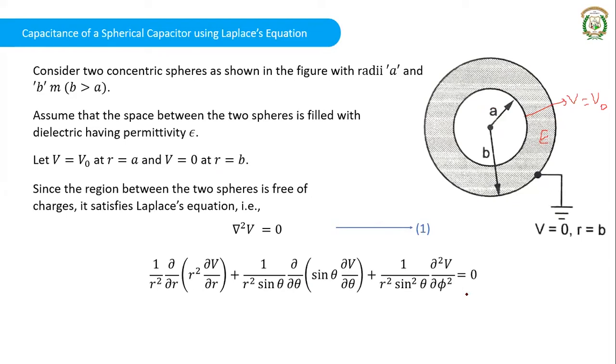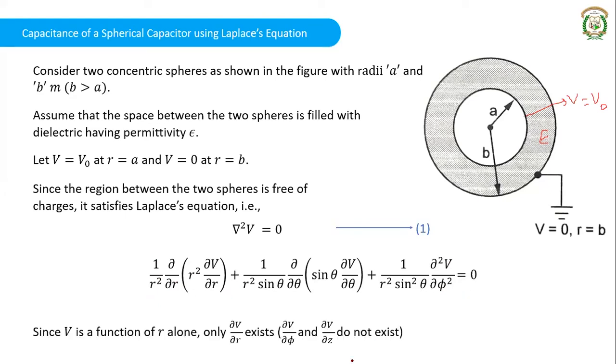So dou V by dou theta and dou V by dou phi are 0. That is why it is enough to write 1 by r square dou by dou r of r square into dou V by dou r. Otherwise, you can write the entire thing and then say V is a function of r alone, so only dou V by dou r exists.